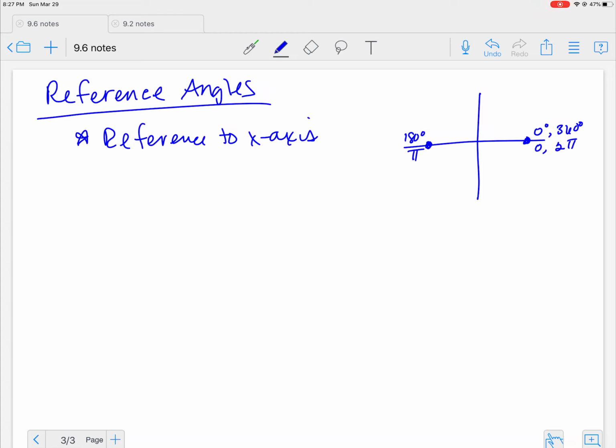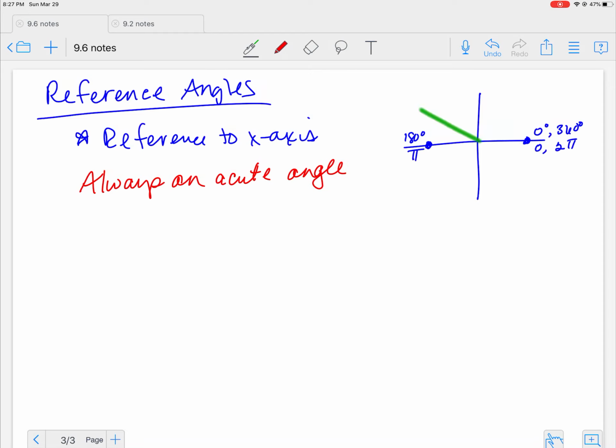I have both of those options here. Or on this side, I have 180 degrees or pi. So whenever I have a reference angle, I am always referencing back to the x-axis.